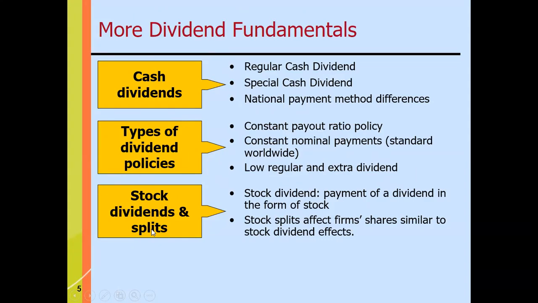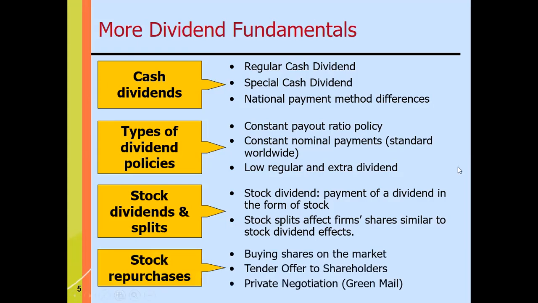For stock dividends and splits, dividends can also be in the form of additional issuances of shares. Stock splits, on the other hand, mean that we are changing the number of shares into more, but then the par value would be lesser, and overall the total value of the shares of the corporation would be the same.